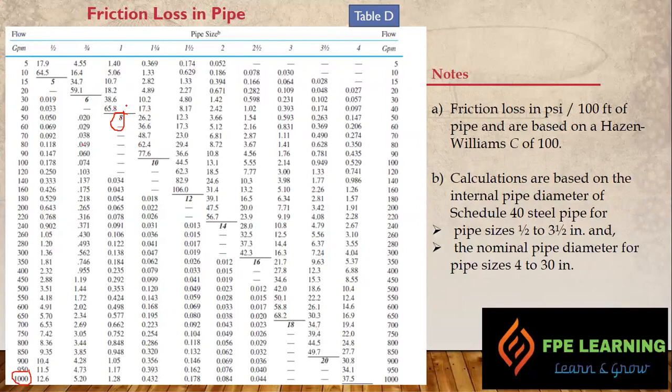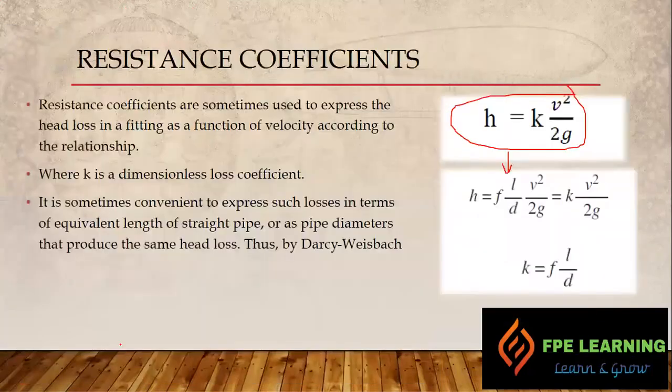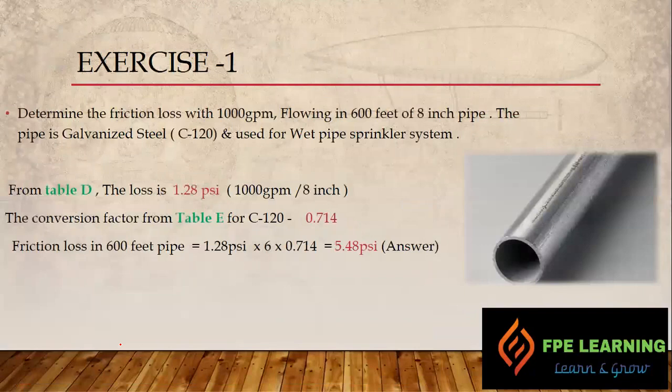So this is the value for 8-inch. For 1000 GPM and 8-inch we have 1.28. So if water is flowing in an 8-inch pipe at 1000 GPM, the frictional loss is 1.28 psi for 100 feet of pipe. From table D, the loss is 1.28 psi.